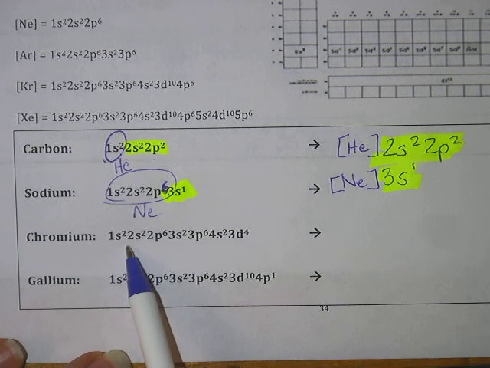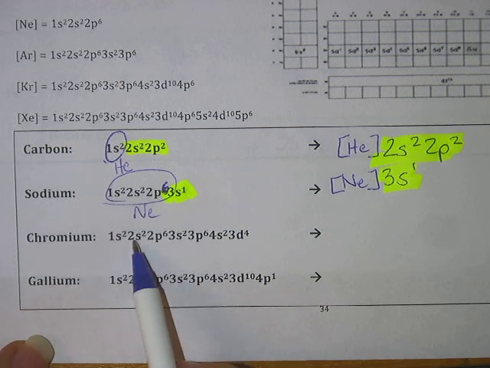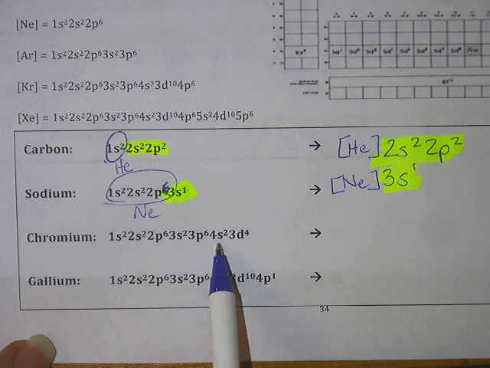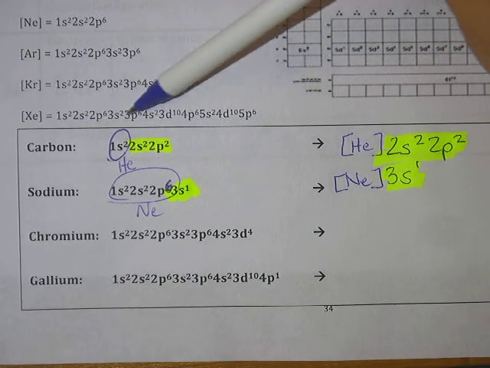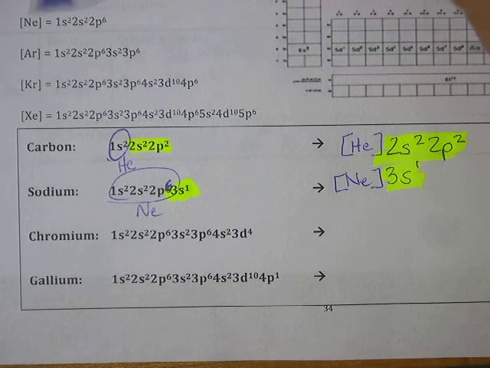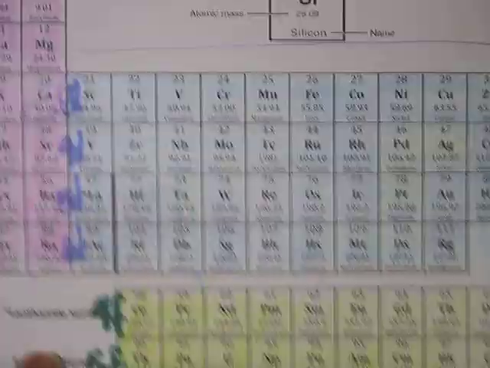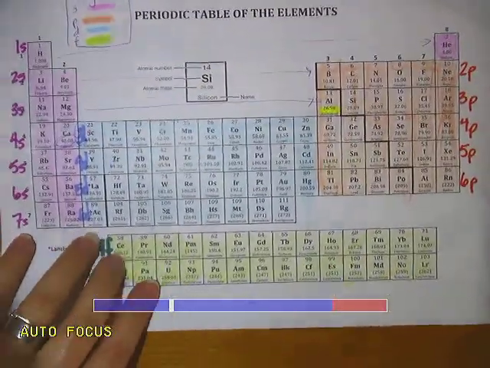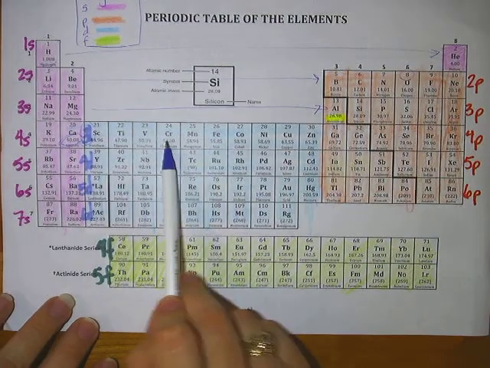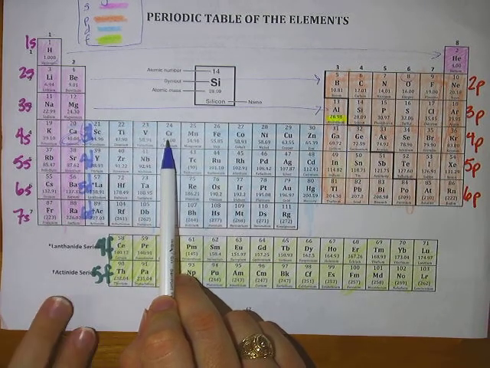Same idea when we get to, like, chromium. 1s2, 2s2, 2p6, 3s2, 3p6, 4s2, 3d4. That's a lot of stuff. You could go through this whole list of your noble gases to try and figure out which one covers it. There's actually probably a faster way to do it. If you can find chromium on the periodic table, what you can do is go backwards through the elements, backwards by atomic number, until you hit a noble gas.